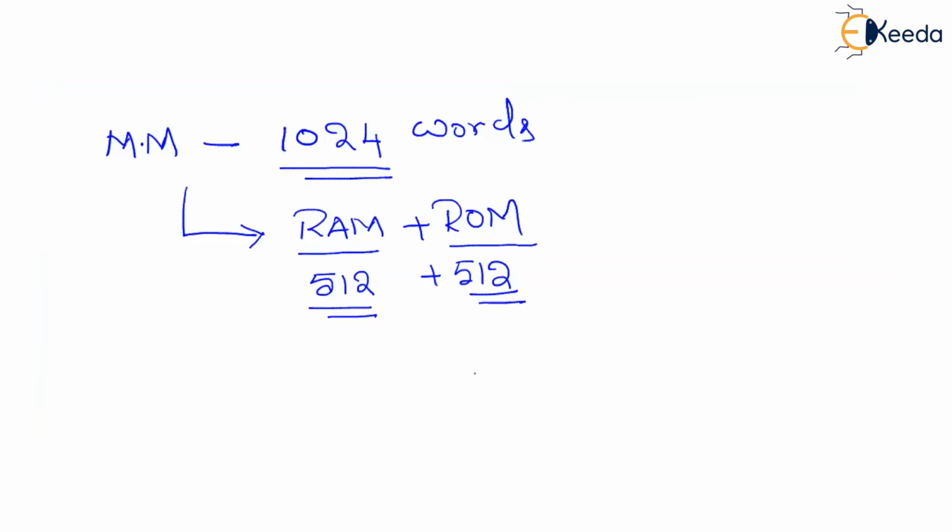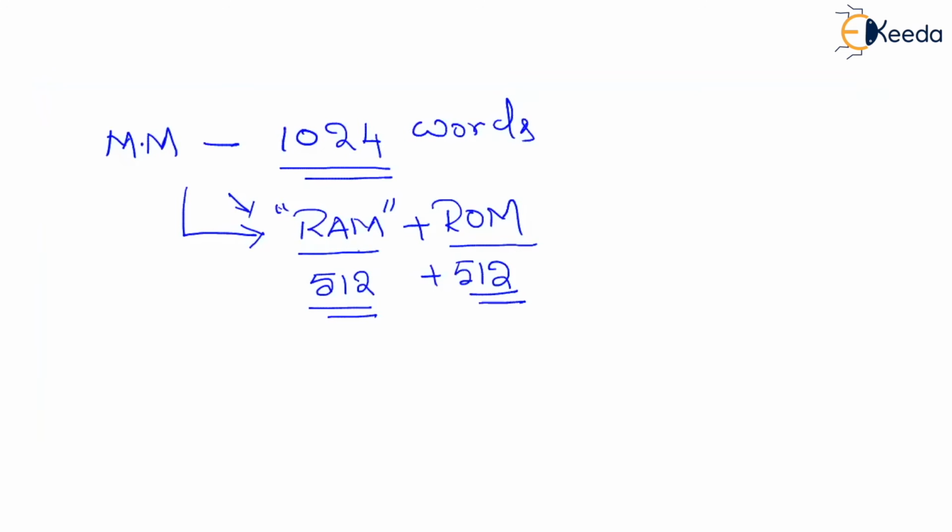Here, you know that RAM is susceptible, vulnerable to external disturbances. RAM is in danger of getting damaged during any power fluctuation, any external disturbance or temperature rise. RAM may fail. So we need to divide the RAM into multiple chips.